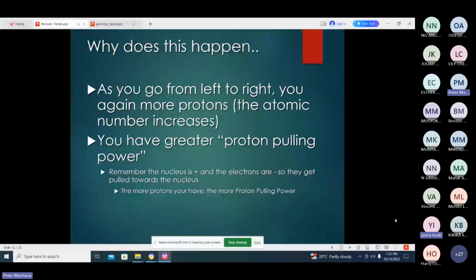But when you also add an electron, electrons themselves repel one another, so there is also electronic repulsion, right?